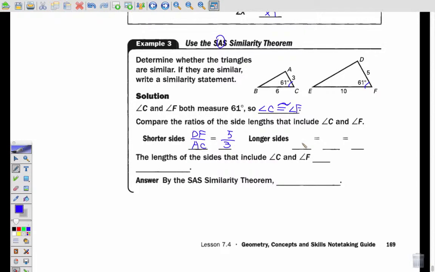Now let's look at the longer side, which is FE/CB, which is 10/6 if I simplified that. I also have 5/3. So they're proportional. Therefore, they are proportional.